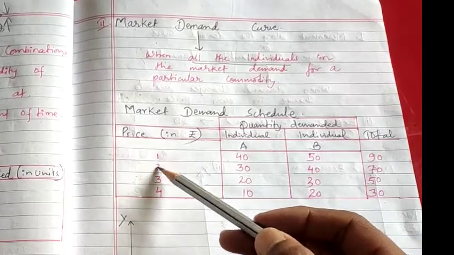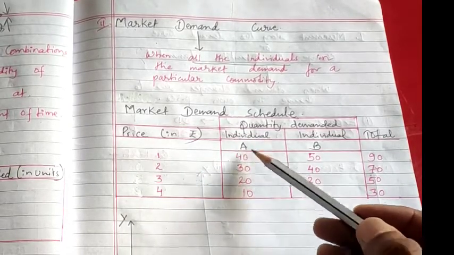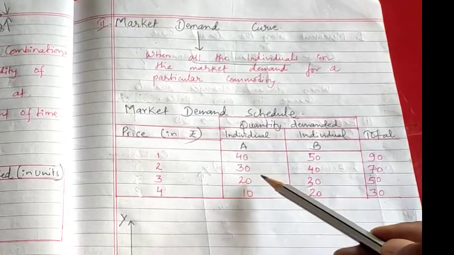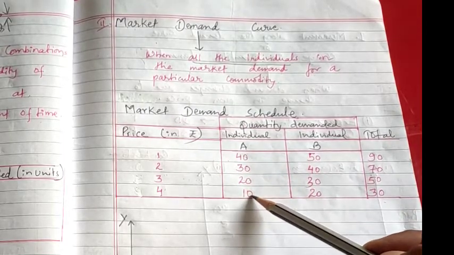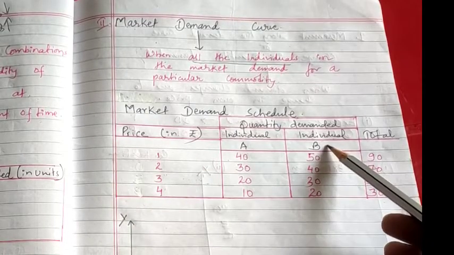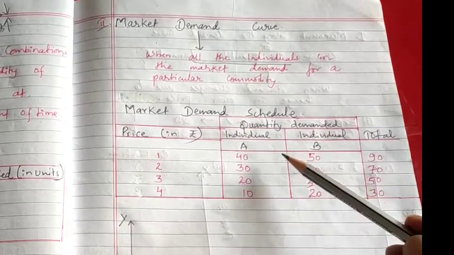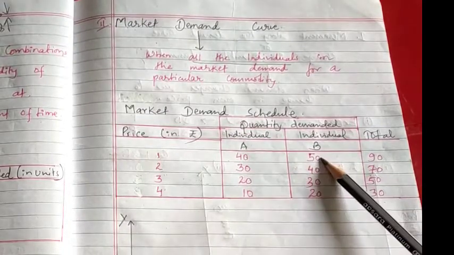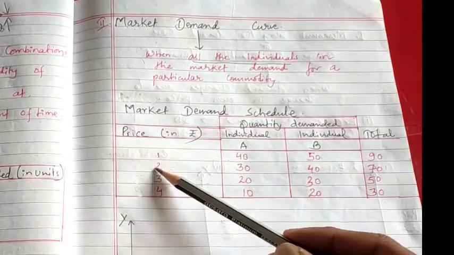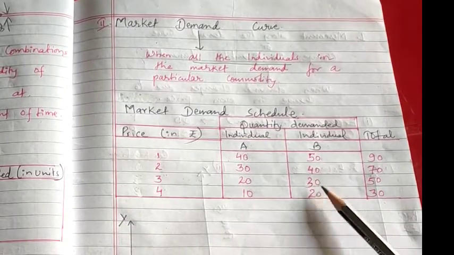When price is increasing, the quantity demanded is decreasing. For individual A it was 40, then 30, then 20, and finally 10. Similarly for individual B, when price was 1, the quantity demanded was 50, and when price increased to 2, it decreased to 40, then 30 and 20.